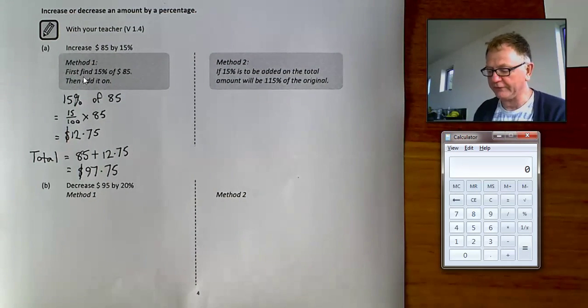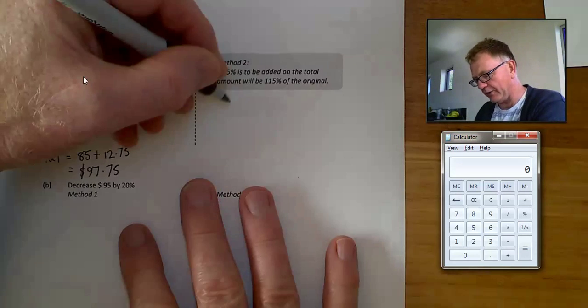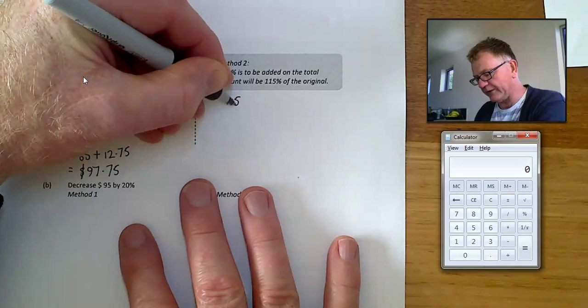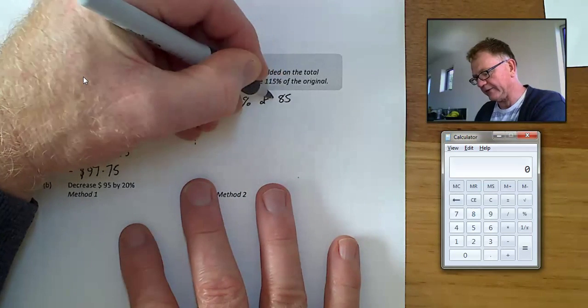An alternative way to do the same thing is, rather than work out 15% and add it on, we could say, well, $85 is 100% of $85. If we want 15% more, we're not going to have 100%, we're going to end up having 115%. So rather than work out 15% and add it on, we could just work out what 115% of $85 is.